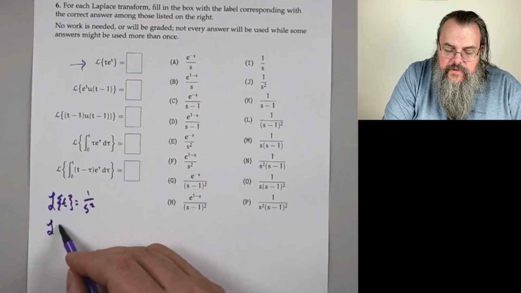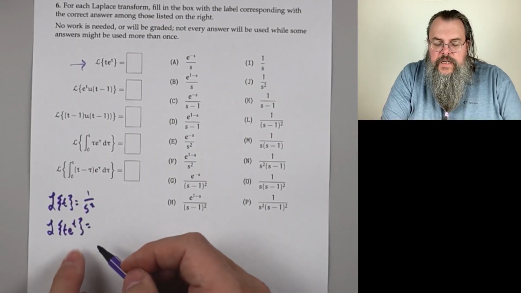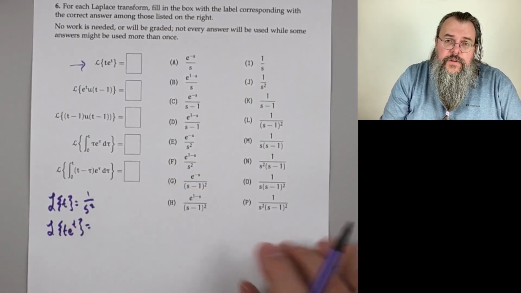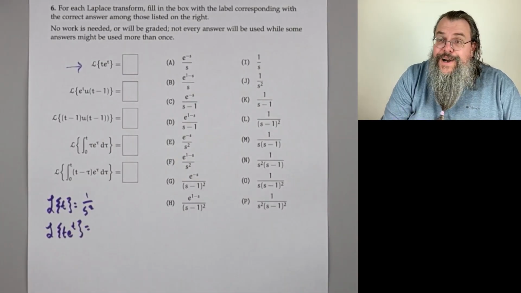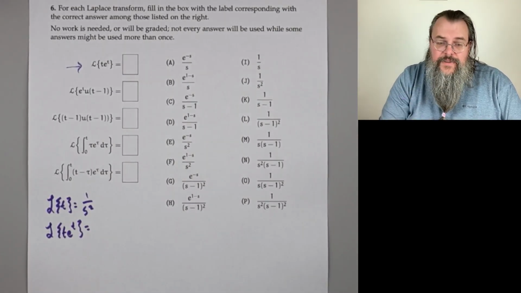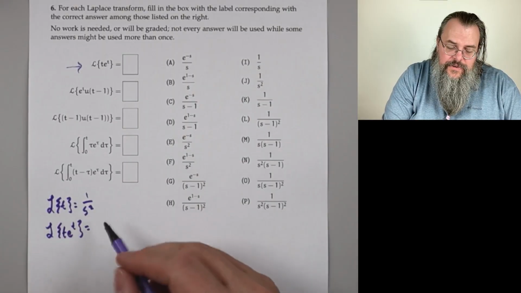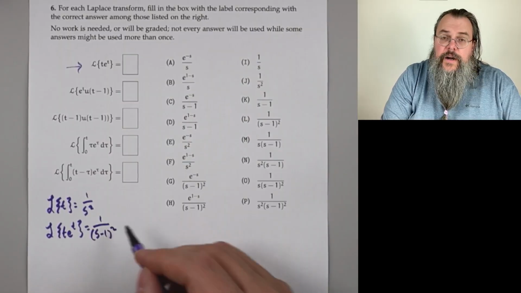And so the Laplace of t e to the t is going to shift. It's really t e to the 1t. And so what's the shift? I'm going to replace s by s minus what's in front of the t upstairs in the exponential. So it's going to become 1 over s minus 1 squared.